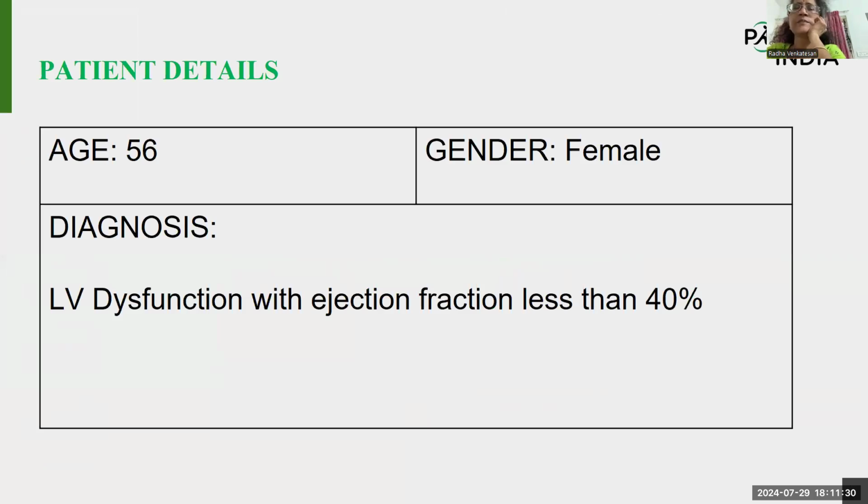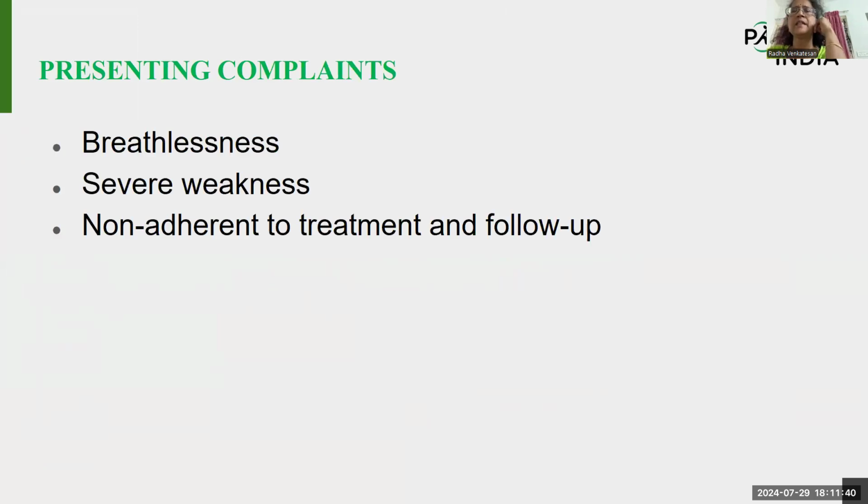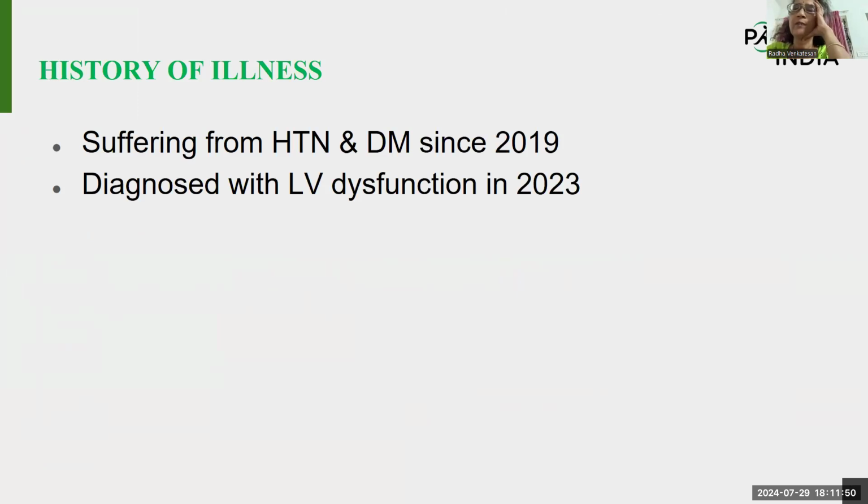Next slide. A 56-year-old female patient, diagnosis LV dysfunction with ejection fraction of less than 40%. Main complaints are breathlessness, severe weakness, and non-adherence to treatment and follow-up. Suffering from hypertension and diabetes since 2019, diagnosed with LV dysfunction in 2023.